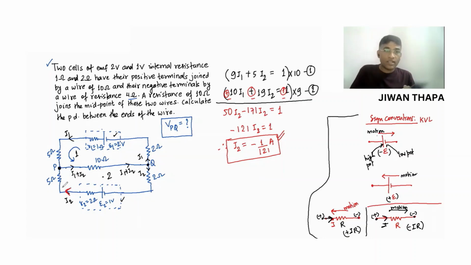So the correct direction for I2 is this. It must be along this direction. So this is to be noted, okay?